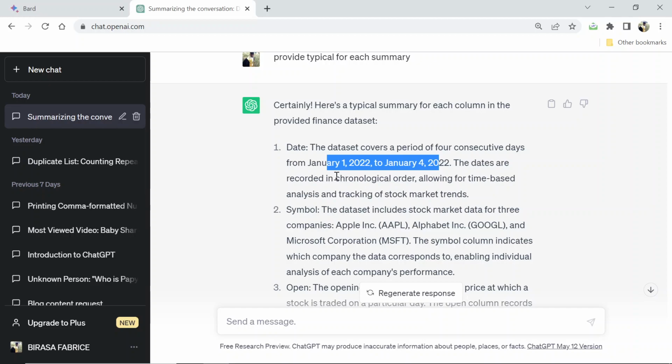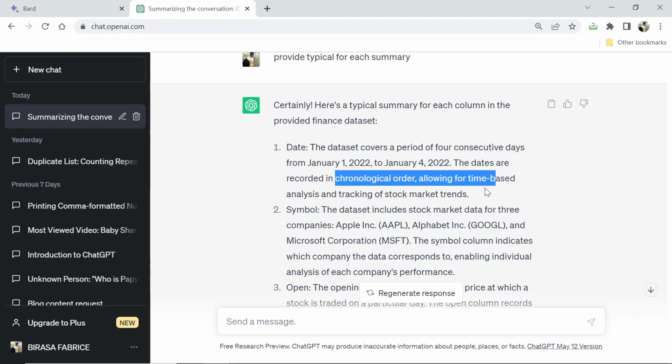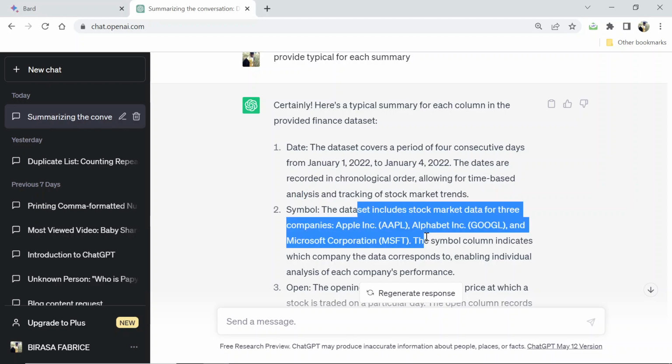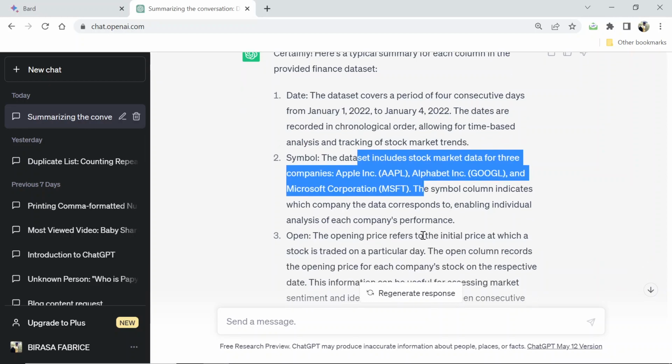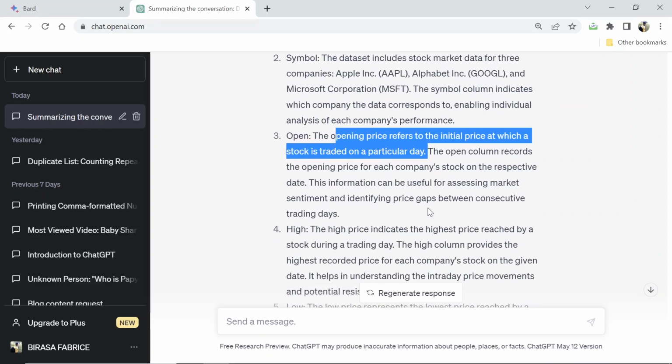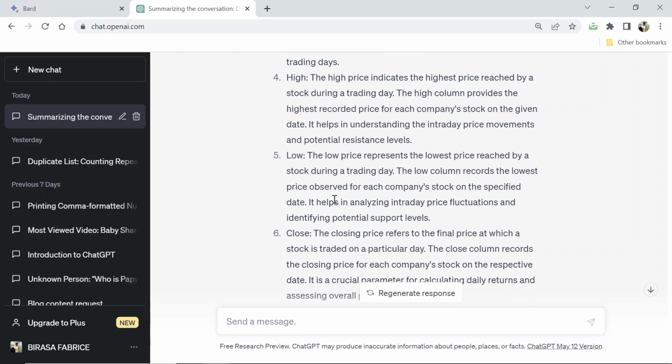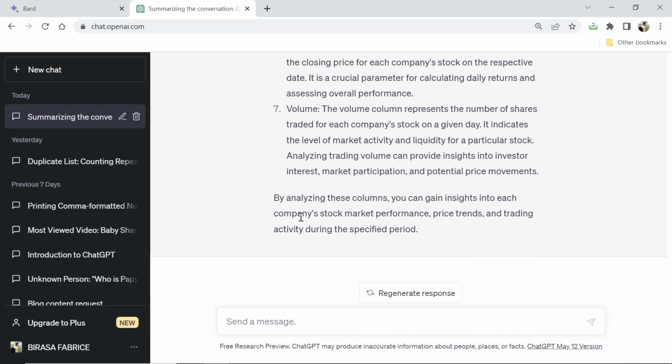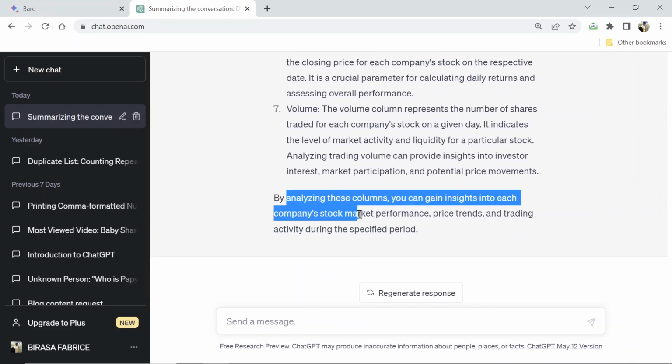The dates are recorded in chronological order, allowing for time-based analysis. It includes stock market data for 3 companies. Conclusion says by analyzing these columns, you can gain insights into each company's stock market performance, price trends, and trading activity during the specified period.